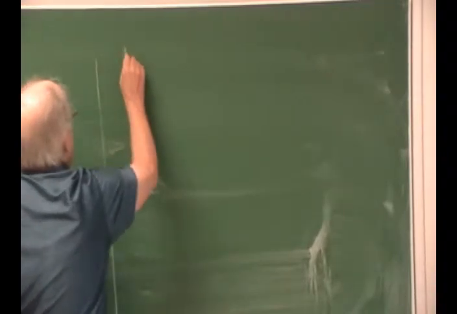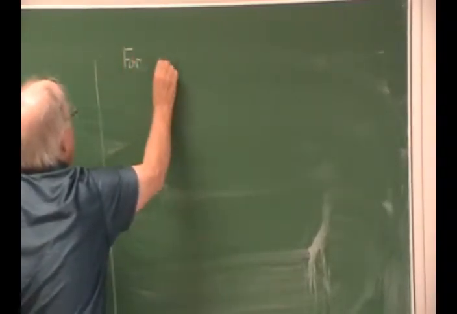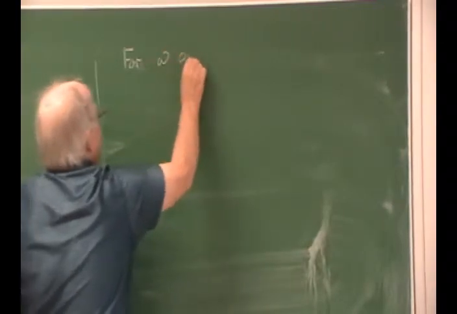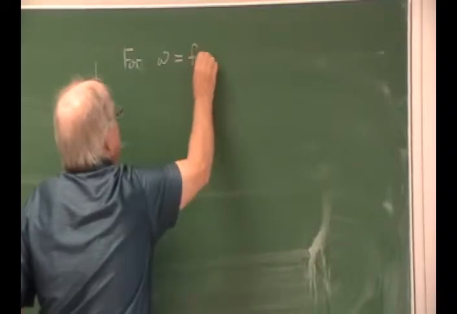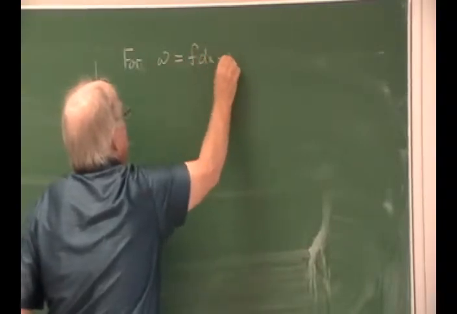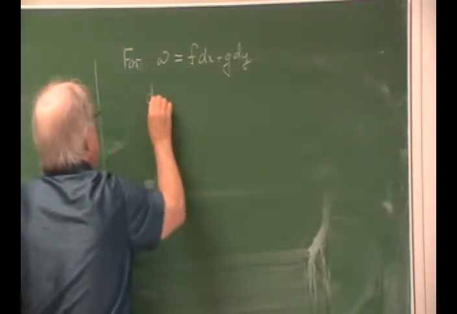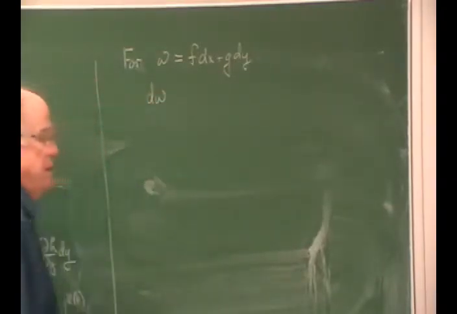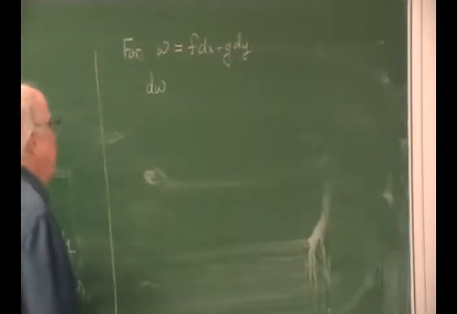And then for omega as above, so let's write it over the reals, f dx plus g dy. Then, I don't know the history of this, but we introduce the boundary of the form. It's an ancient thing to do.